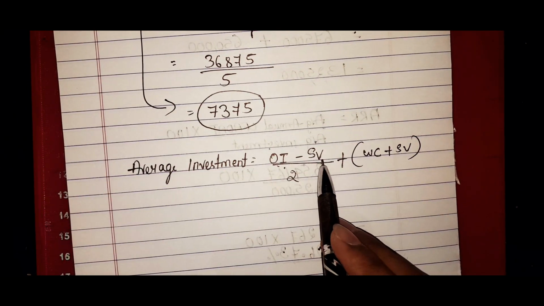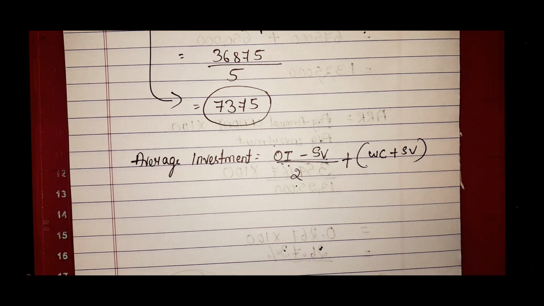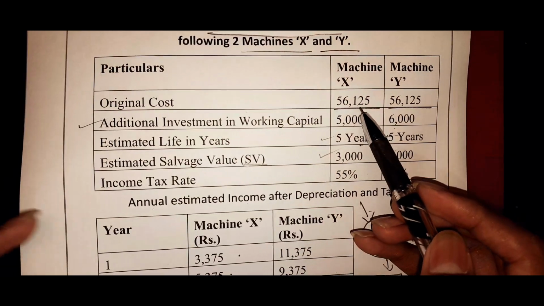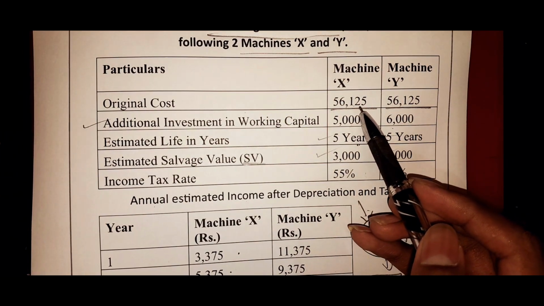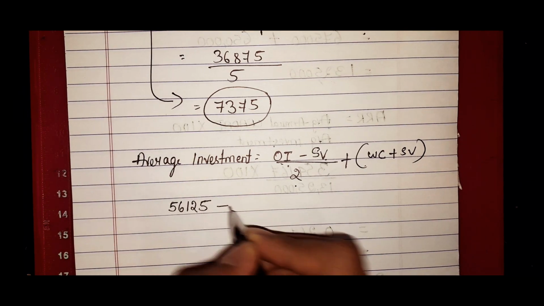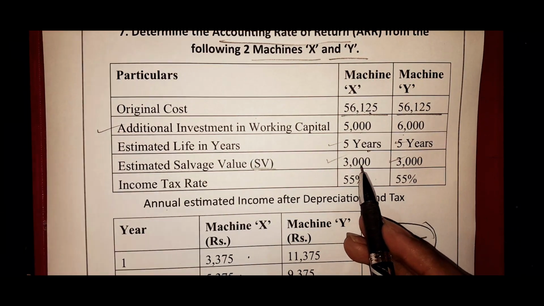In the question they have given the original investment or original cost. Machine X original cost is 56,125. So 56,125 minus scrap value. Scrap value also they have given directly. It is 3,000 rupees.